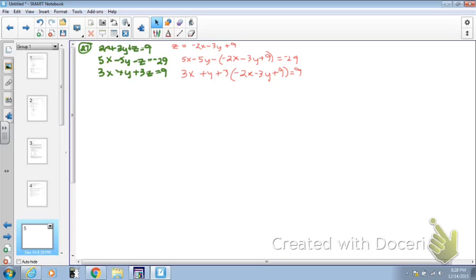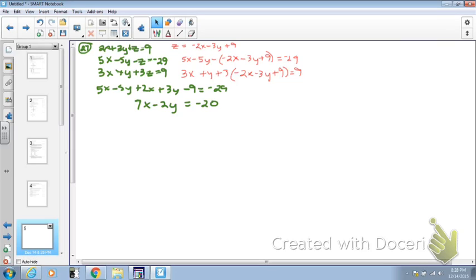So that's going to give me 5x minus 5y, and then distribute the negative, so plus 2x plus 3y minus 9 equals negative 29. Or, simplified a little bit further, 7x minus 2y, and then I'm going to add the 9 to the other side. It gives me negative 20.